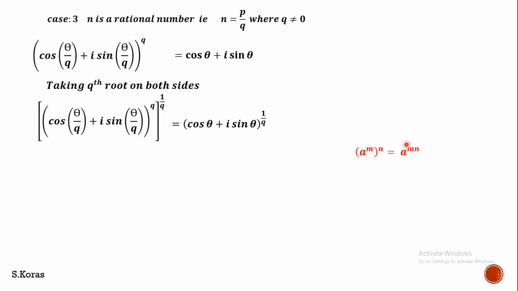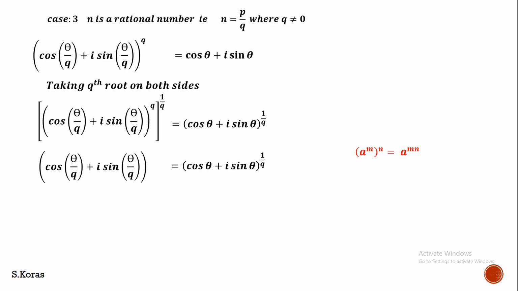The formula says that the powers should be multiplied. So if we multiply q into 1 by q, q and q will get cancelled. Our answer will be power 1. So the next step, it will become cos theta by q plus I sin theta by q is equal to cos theta plus I sin theta the whole power 1 by q.